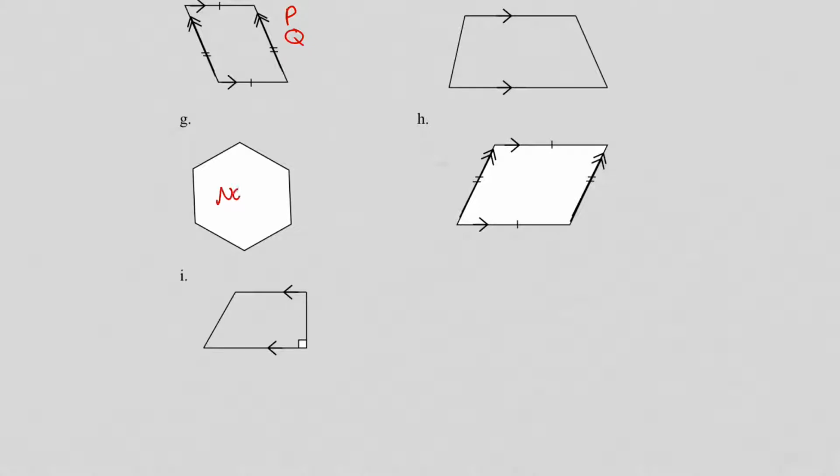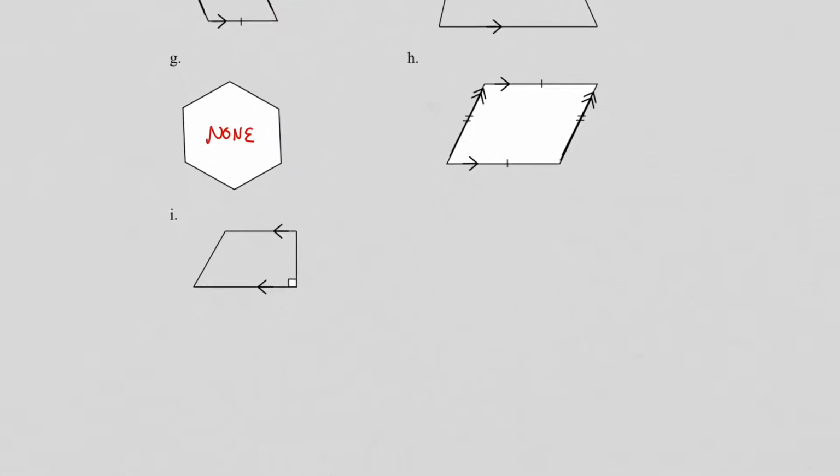So this one's none of the above. And then I surely looks like a trapezoid. And could it be anything else? Well, it does have 4 sides, so definitely a quadrilateral.